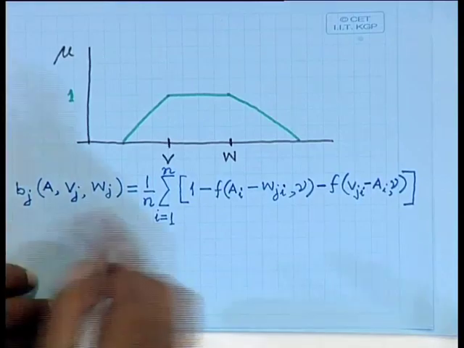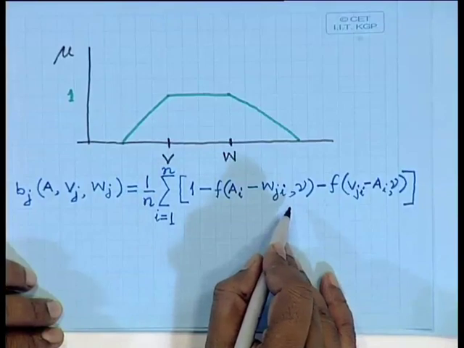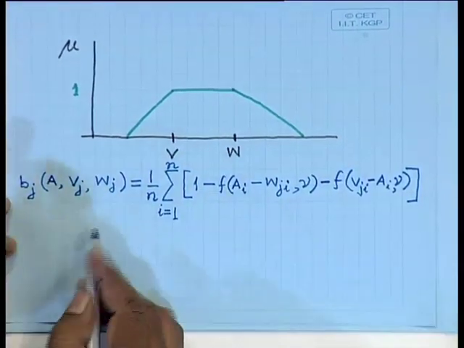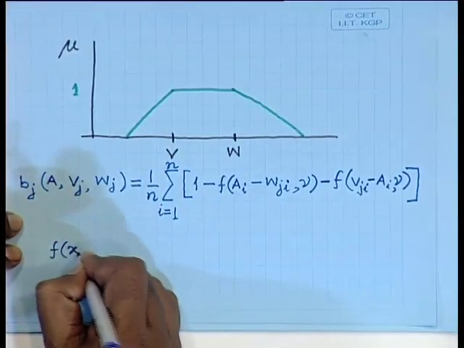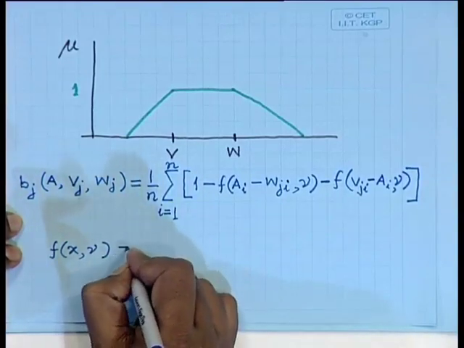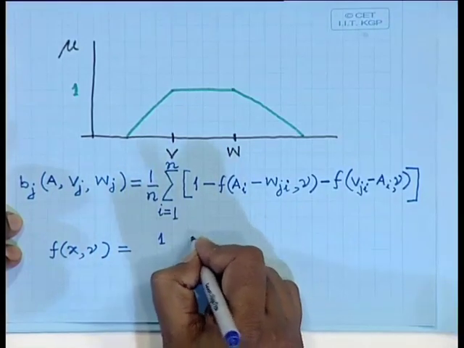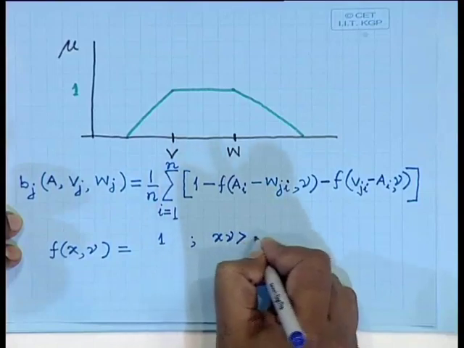But still this is not complete, because I have not defined what these functions f are. So, I can define this function f like this: f of x, gamma will be equal to 1 if x into gamma is greater than 1.